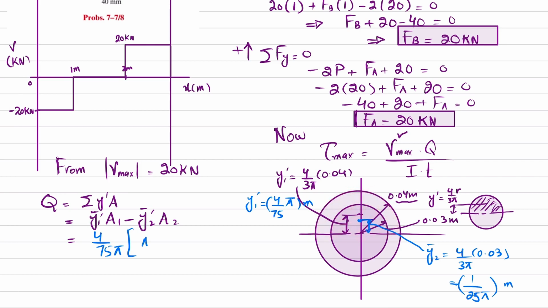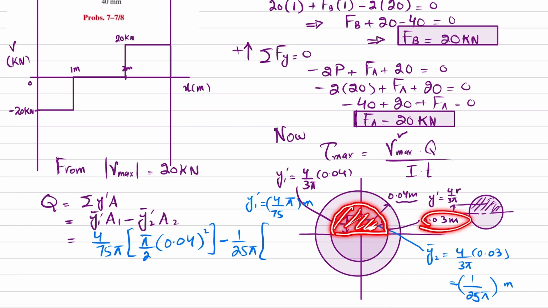So pi by 2 into 0.04 square, minus y2 dash, which is 1 over 25 pi, into the area of this semicircle, which is pi by 2 into 0.03 whole square.